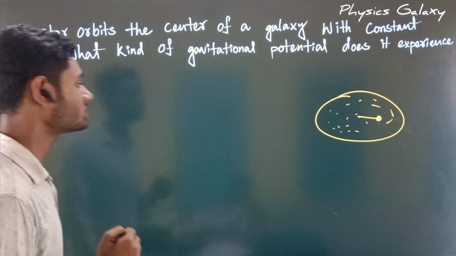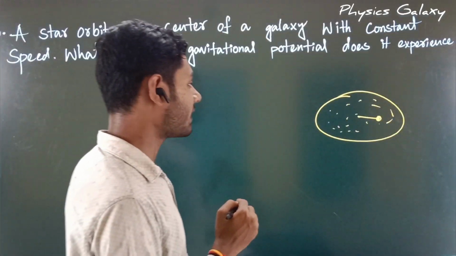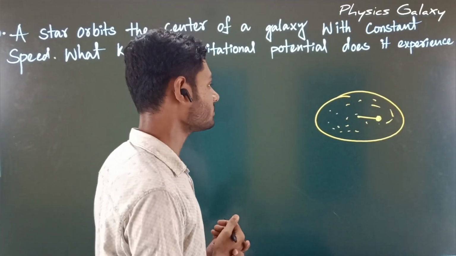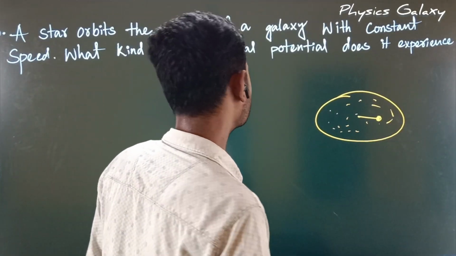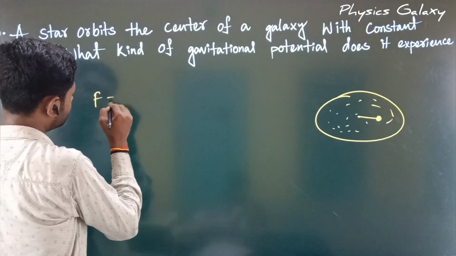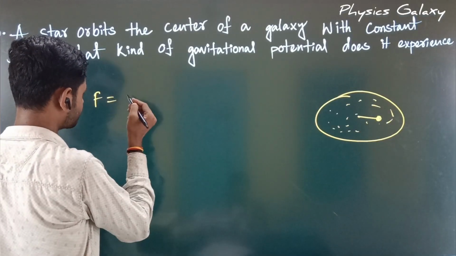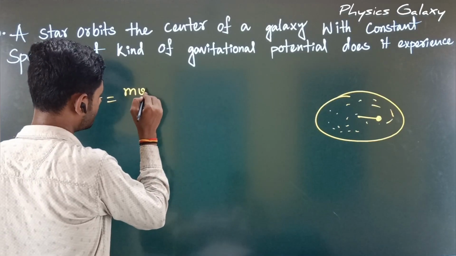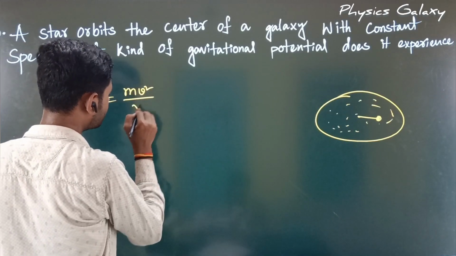That centripetal force is provided by the gravitational force, and that force F is equal to m v square by r.